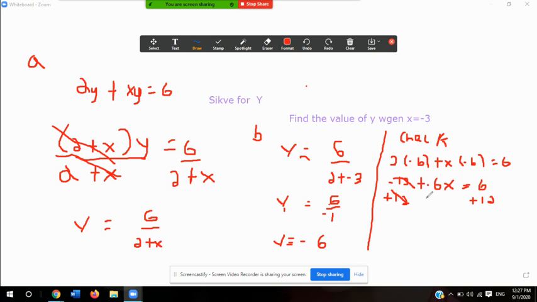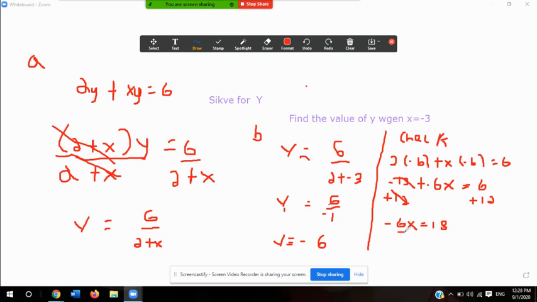Because remember, this is plus -6. But since I cancel that out, I just have -6x equals 18. So I divide by -6 and get the value of x, which is -3.